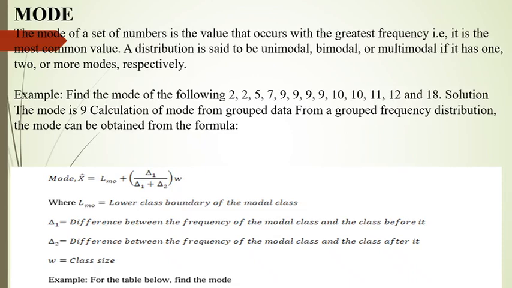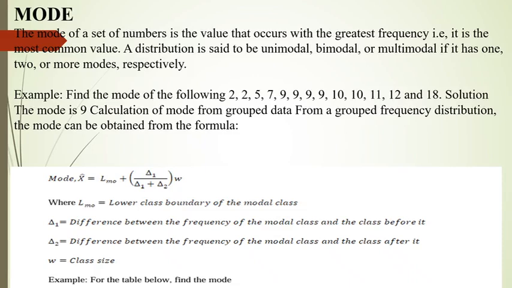So it will be 20 plus 25 minus 13 all over 12 times 10. 25 minus 13 gives us 12, so 12 over 12 gives us 1, then times 10. So it will be 20 plus 10. Our median will be 30.